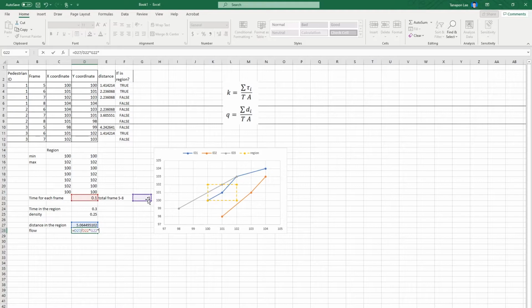And then don't forget the bracket. And then we can do the distance, the capital A here, which is y minus y minus, okay. And the flow is 4.22.